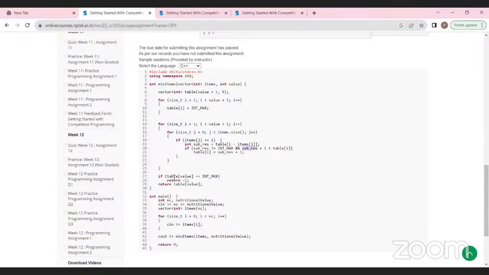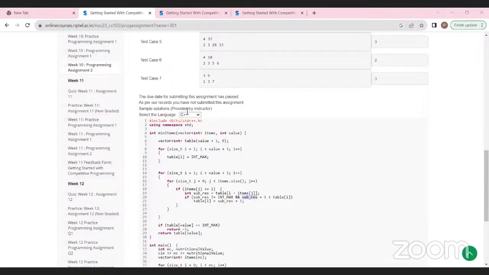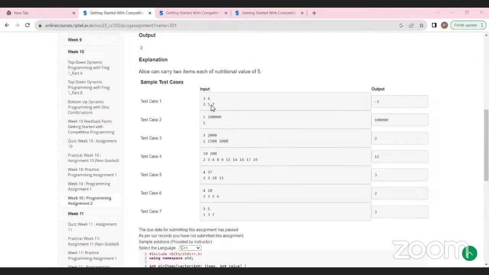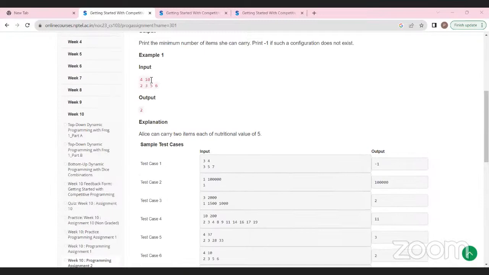The last point is that if it is not possible, meaning the value that you're looking for cannot be accumulated, in that case you return -1, else you return the answer at the last index, which is your nutrition value, in this case 10.